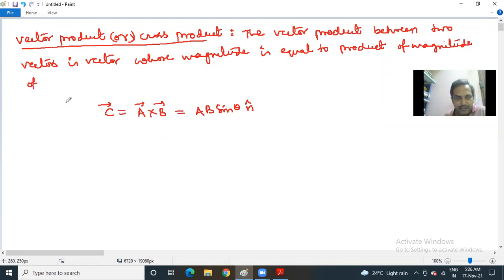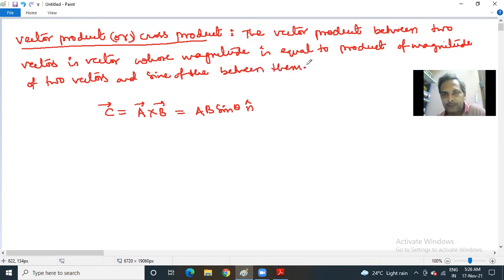Those two vectors means A and B, and sine of the angle between them.